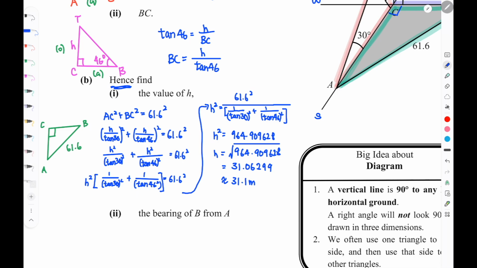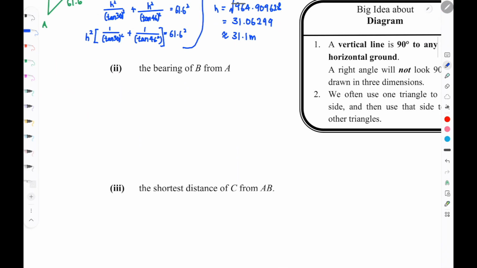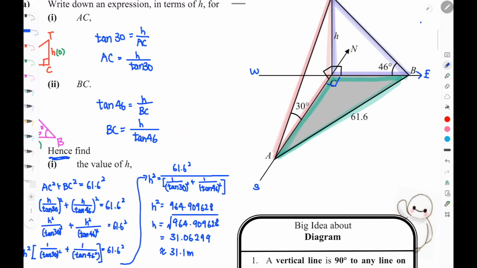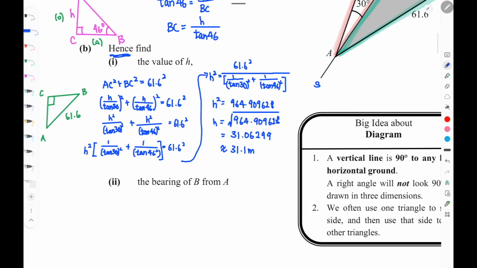Moving on to the next question, they want me to find the bearing of B from A. I'll go to A first because they say it's from A. I'll draw my north line.